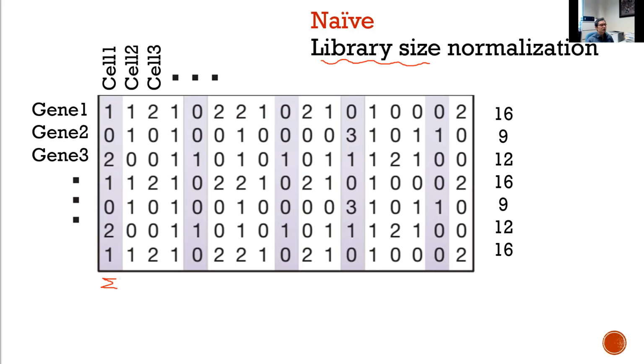But assume we don't do it, and you summarize the rows, and this gene expression is at this level, and this one has the same expression level here. This looks like a direct comparison of gene expression.